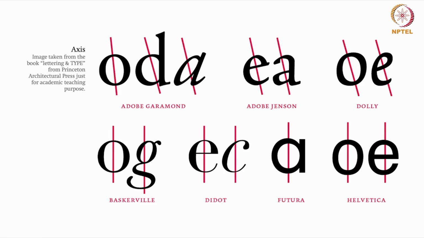It shows the direction or angle of contrast between thick and thin strokes. The axis helps reveal the style or influence of the typeface, such as whether it is based on calligraphy, for example with diagonal strokes, or modern geometric design, where you will find most of the time vertical strokes, a vertical axis is apparent.